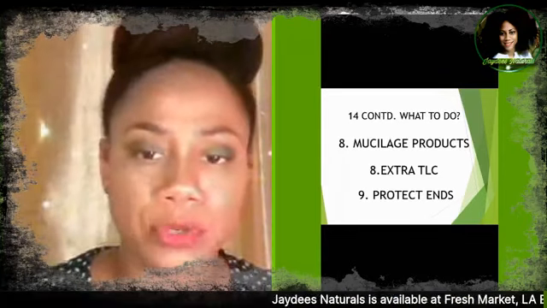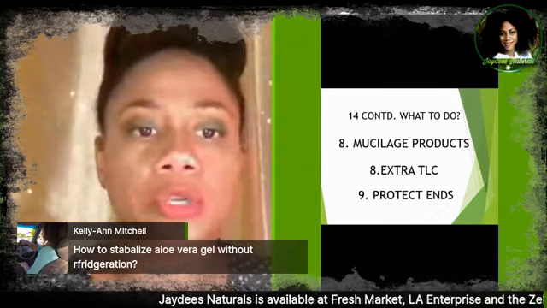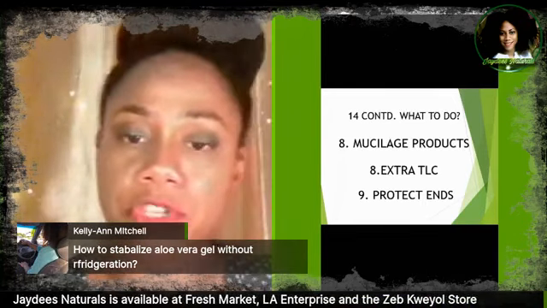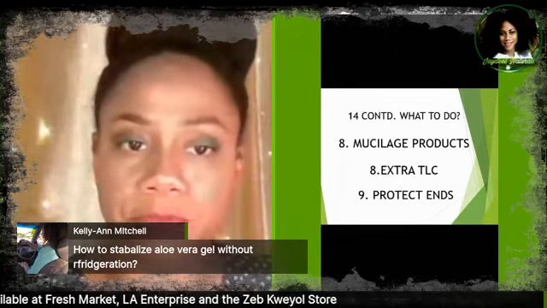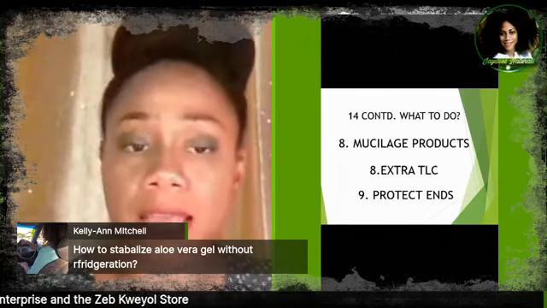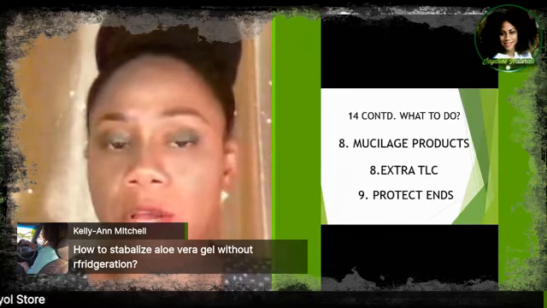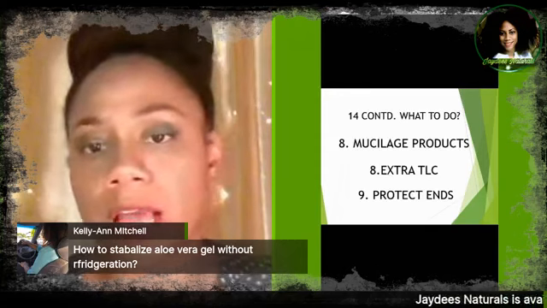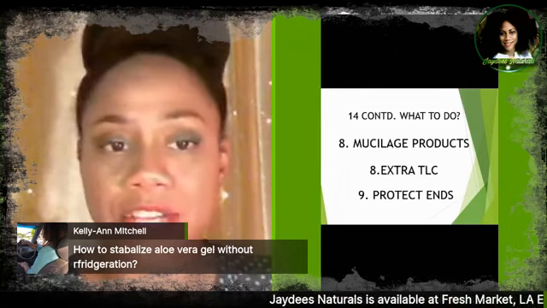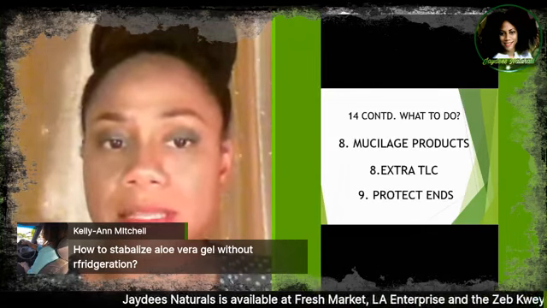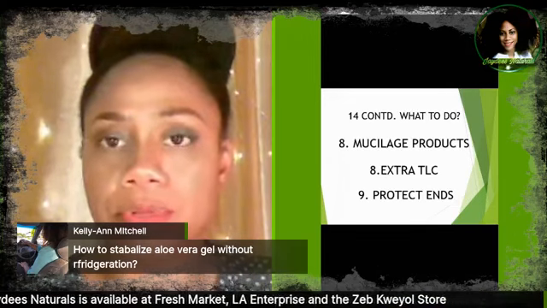Okay. Somebody asked, how do you stabilize aloe vera gel without refrigeration? You would have to use some sort of preservative. And in that case, I always recommend researching and trying to use something natural besides those synthetic preservatives.